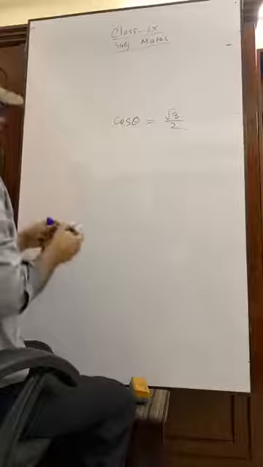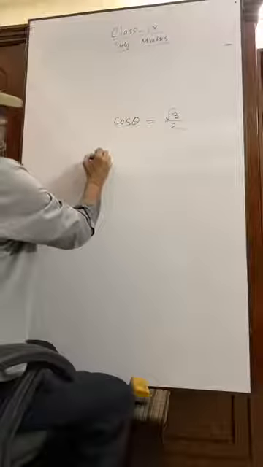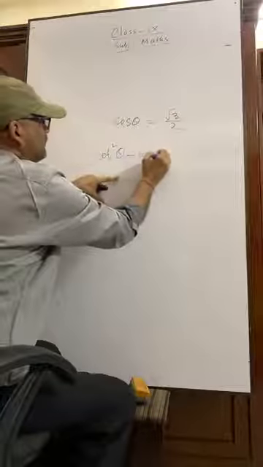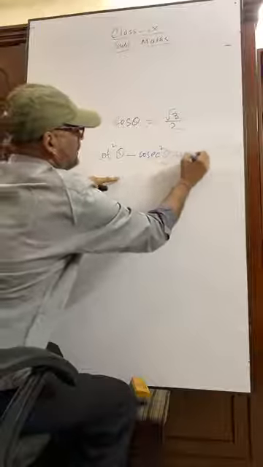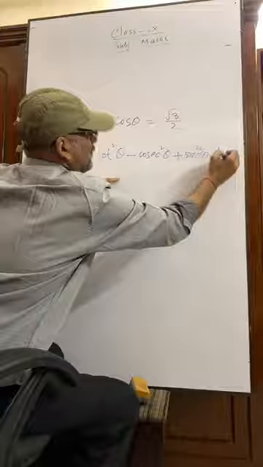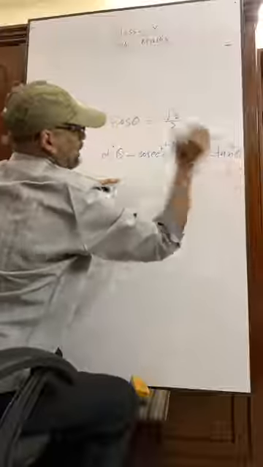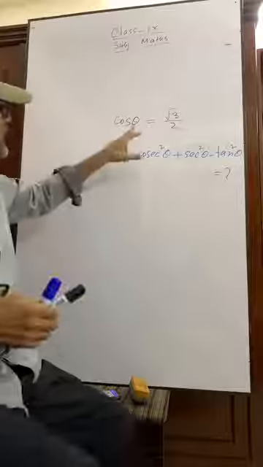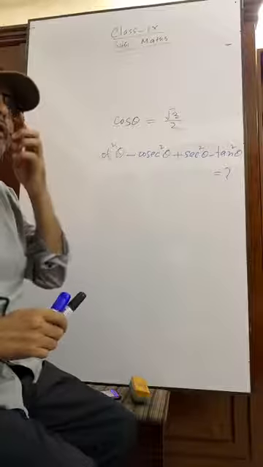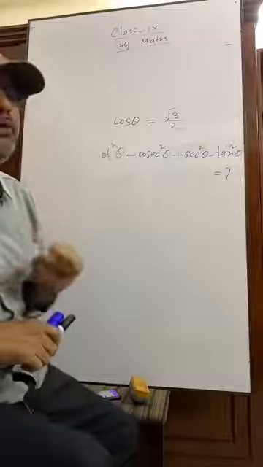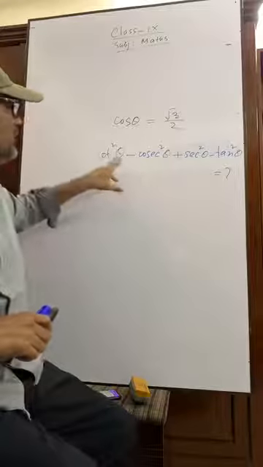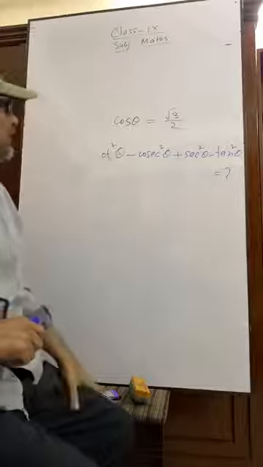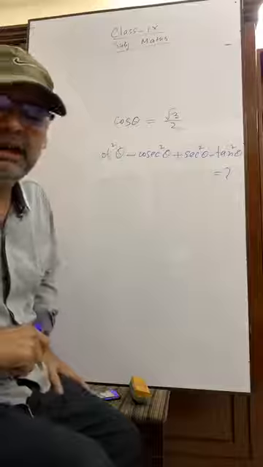So you have to find the value of cot square theta minus cosec square theta plus sec square theta minus tan square theta is equal to what? A question may be given like this. Is it possible to determine all those values and then getting it squared? It may be tough during MCQ examination.